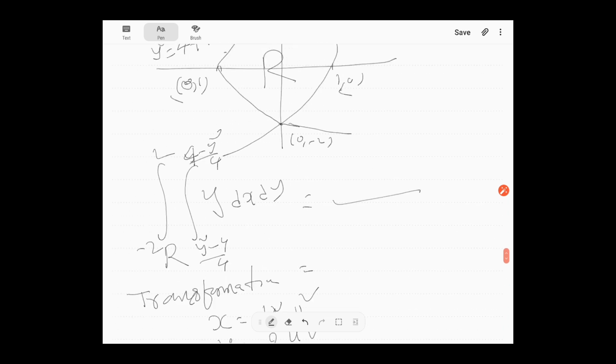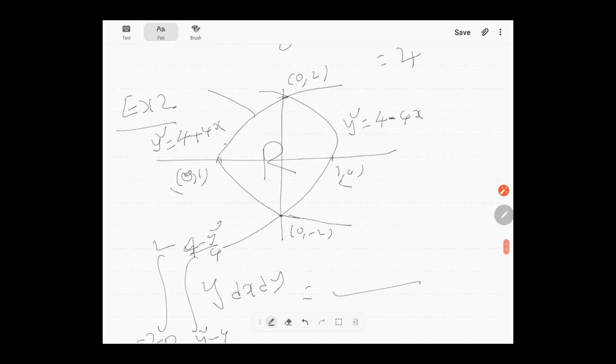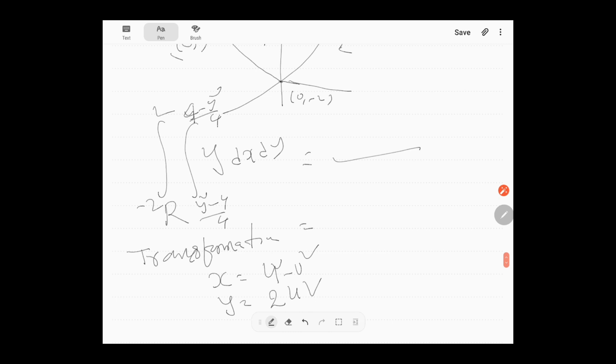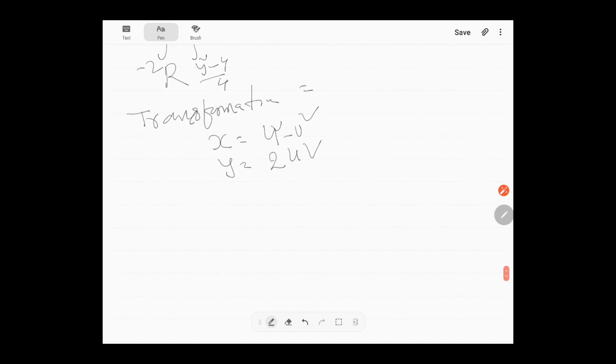Let us first find out what happens to this boundary, y square is equal to 4 plus 4x. In UV plane, y square is 4u square v square is equal to 4 plus 4x, which is 4u square minus 4v square.